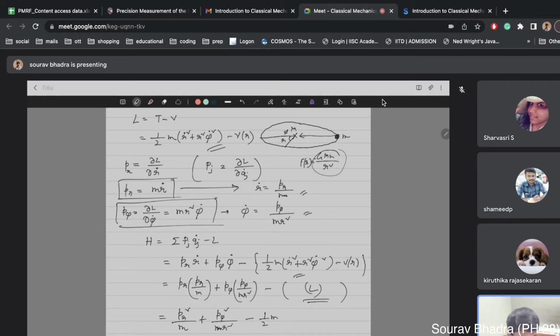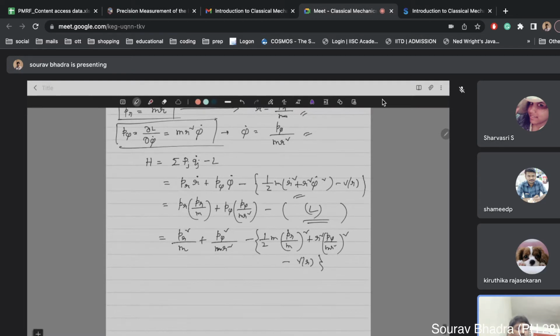Now similarly, if we put (pr by m) square plus r square (p phi by m r square) whole square minus V(r). Now if you do this, this half here will be also a half. This half is multiplied by both terms.